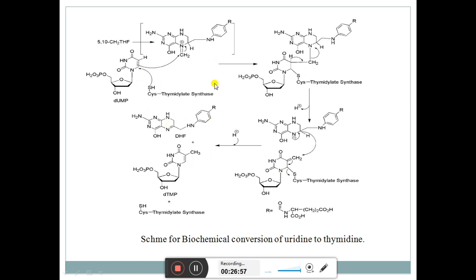The enzyme remains as such, it just acts as the enzyme for the conversion, for addition of these two molecules. And then here we have a thymidine molecule. So the conversion of uridine to thymidine requires the enzyme thymidylate synthase and tetrahydrofolate.